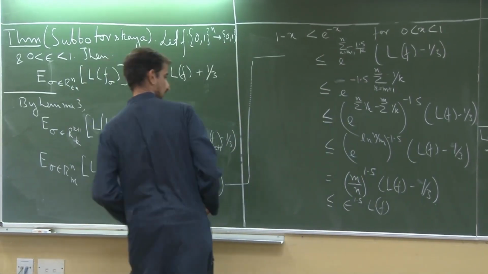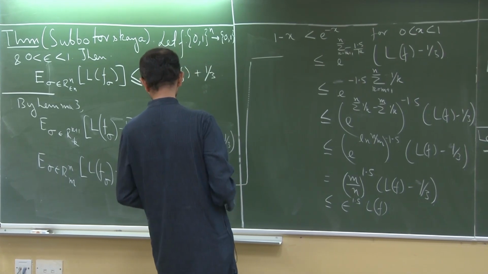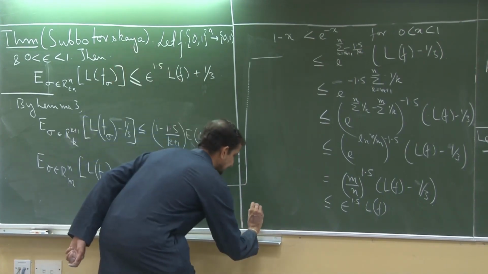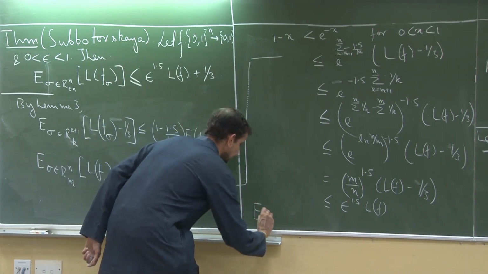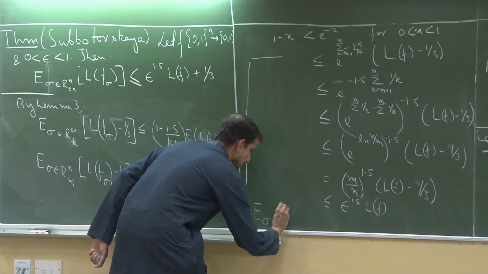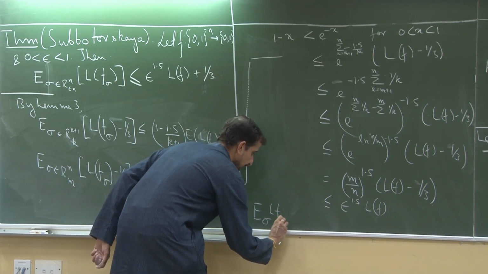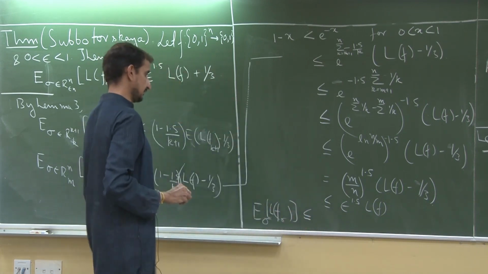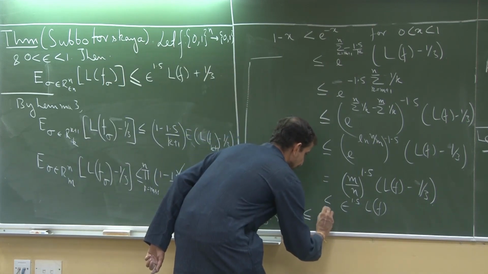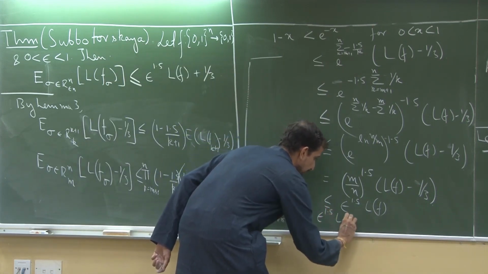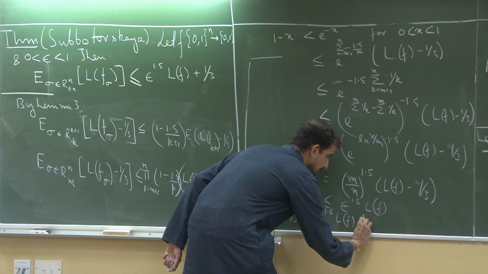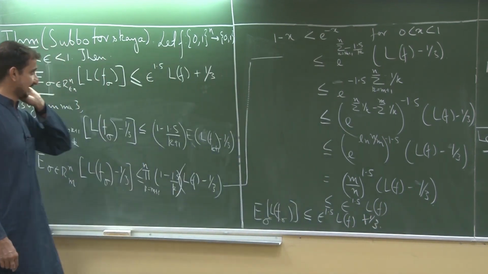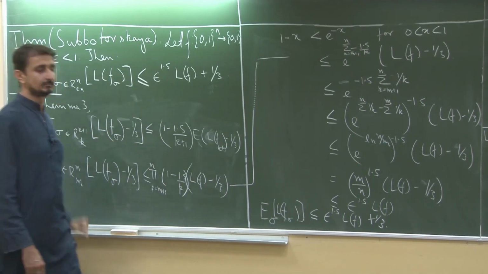So what I get is the expectation over sigma of L of f sigma is less than or equal to epsilon to the power 1.5 L of f plus 1/3. I bring this 1/3 on the right hand side, and that gives us the theorem.